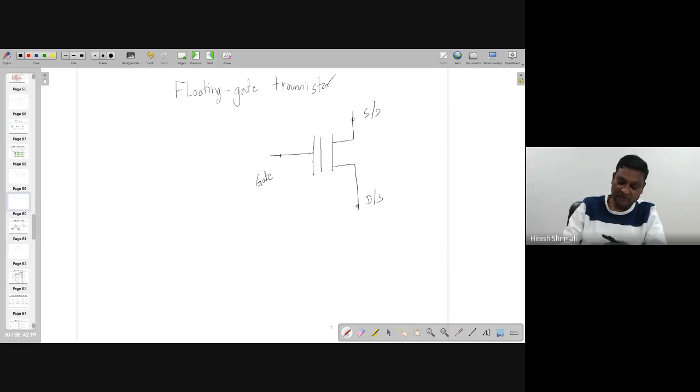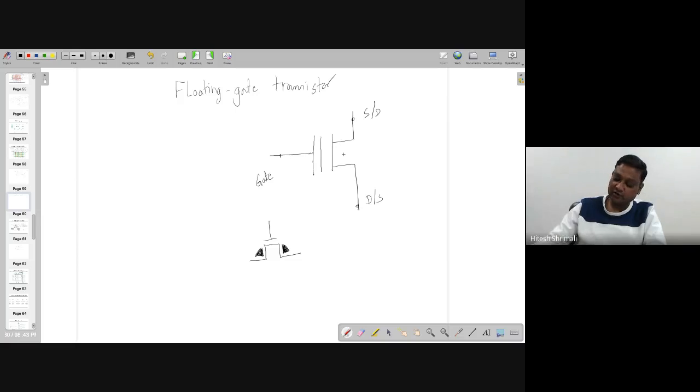Because of the side wall, you might have this kind of symbol, which is popularly used in S flash or super flash memories. We are going to use such transistors, floating gate transistors, for NVM flash memories.